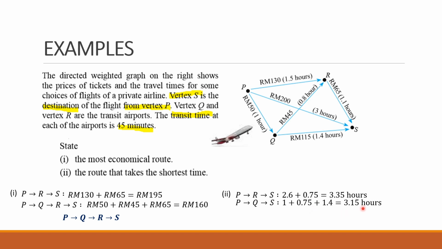So the total time taken will be 3.15. So what's the answer for question 2? Yes, PS is 3 hours. Therefore, the route that takes the shortest time will be PS.